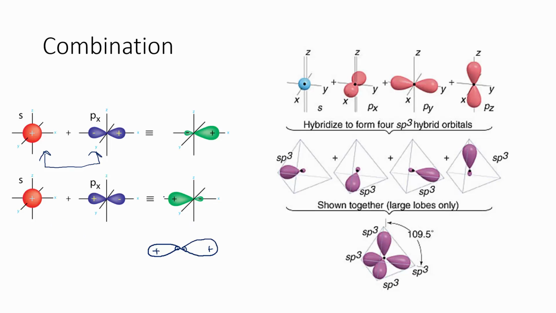And that's just with an sp hybrid, where we're combining two different orbitals like we would with a linear molecule. When we combine 1s and three different p orbitals, then we get sp3 hybrids like we do in methane, and these point towards the four corners of a tetrahedron when they're combined in this way.